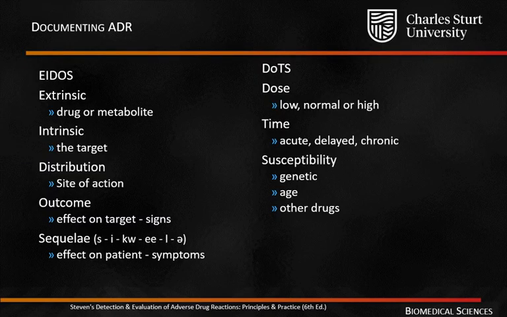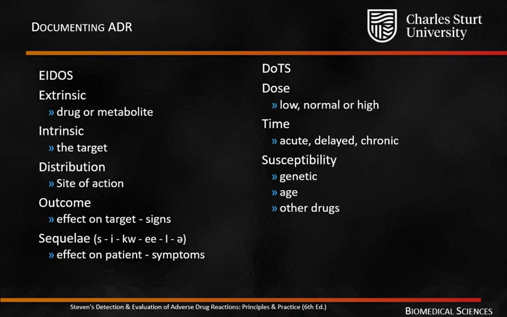So I've talked about the importance of documenting adverse drug reactions, particularly rare ones. So this is one mechanism of doing that. This is the IDOS DOT system, and I'll show you an example in the next slide. So first of all, we're going to have a look at the intrinsic factor, or identify the intrinsic factor, which is the drug or maybe the active metabolite. The intrinsic side is the target, so maybe what the receptor is or what the organ that is being affected might be.